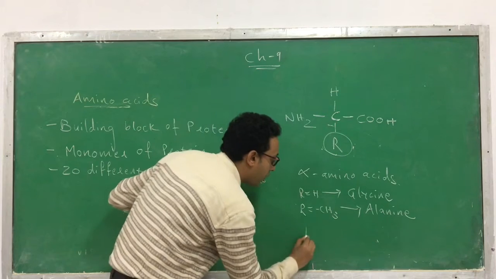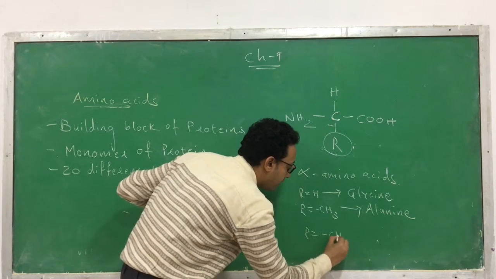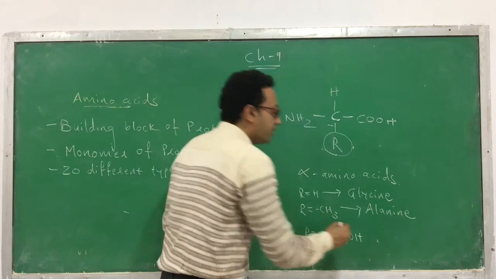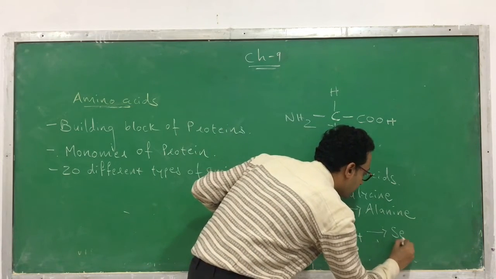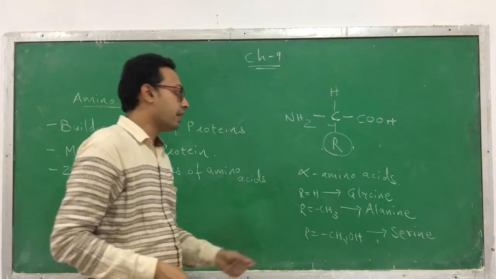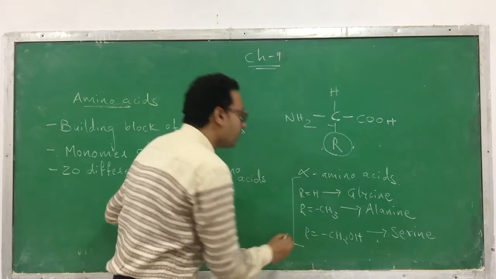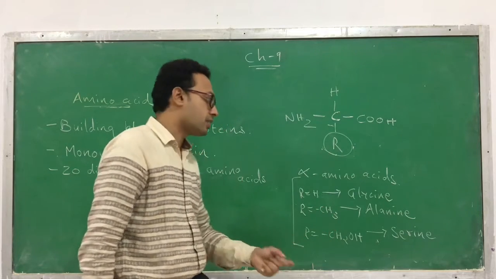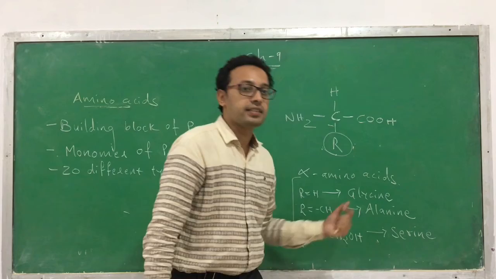If R is equal to hydroxymethyl, OHCH2, then this one is called serine. This is the third amino acid. Clear? These are the three examples of amino acids: glycine, alanine, serine.